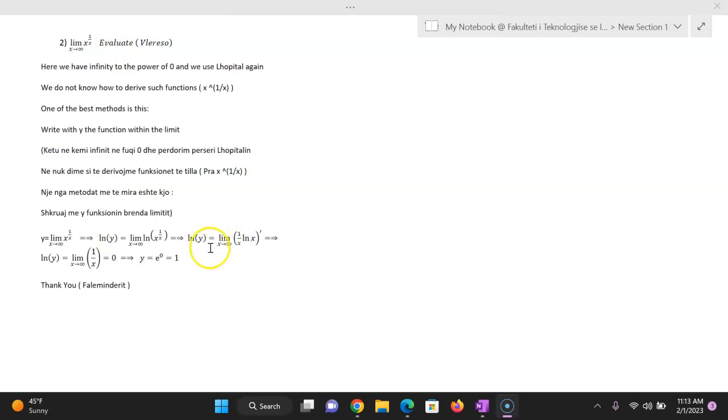But this here is again a form infinity over infinity, and we have to take the first derivative again for both the numerator and the denominator. And we end up with ln of y is equal to the limit when x approaches infinity of the derivative of ln of x, which is 1 over x, over the derivative of x, which is 1, so this is 1 over x.